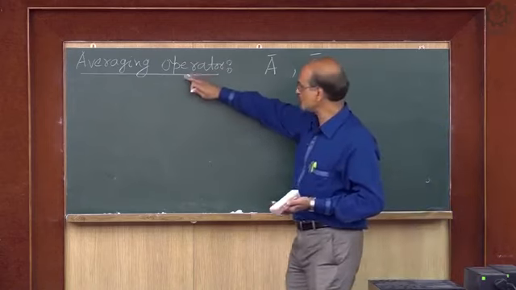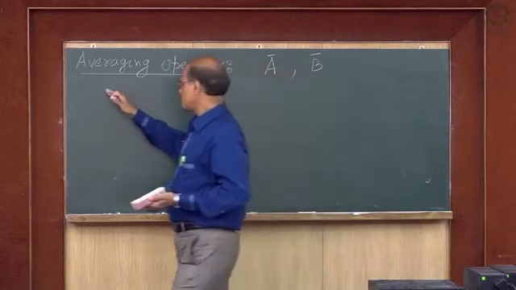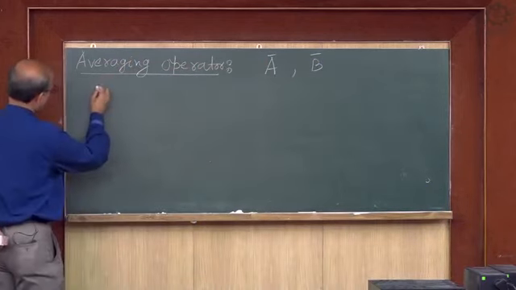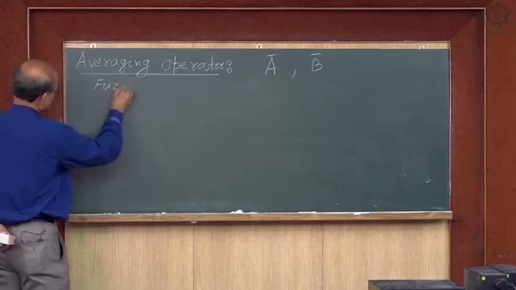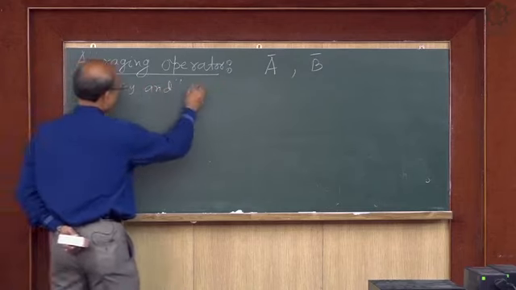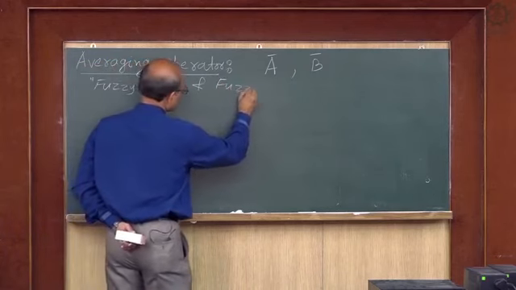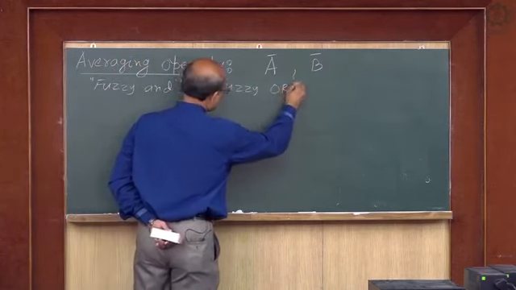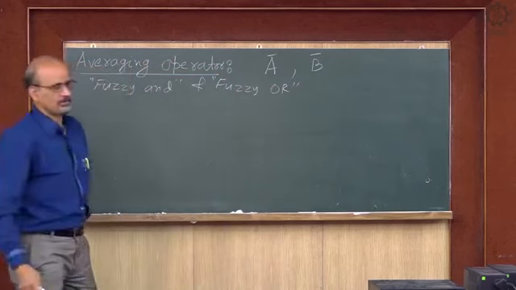There are two averaging operators actually here, called fuzzy AND operator and fuzzy OR. These are two averaging operators.